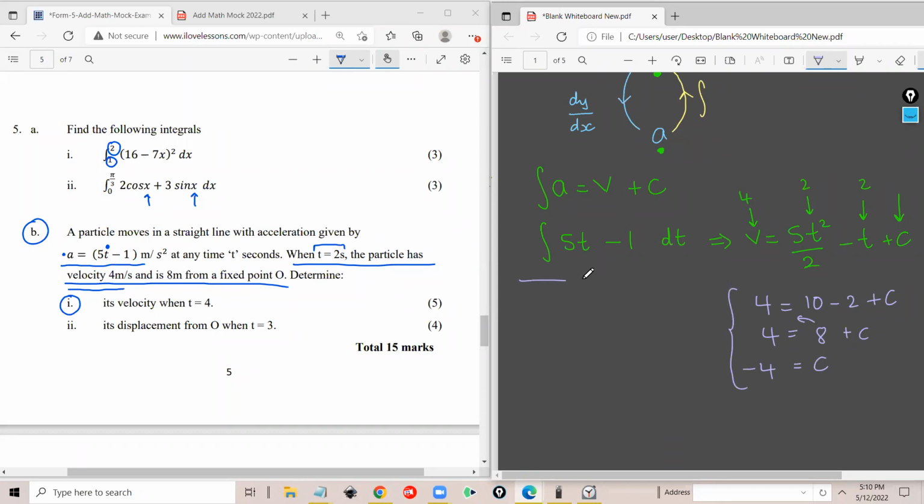So that means that my final equation here is v is equal to 5t squared on 2 minus t minus 4. But they want the velocity when t is 4. So once you have the complete equation, go and replace all the t's with 4.